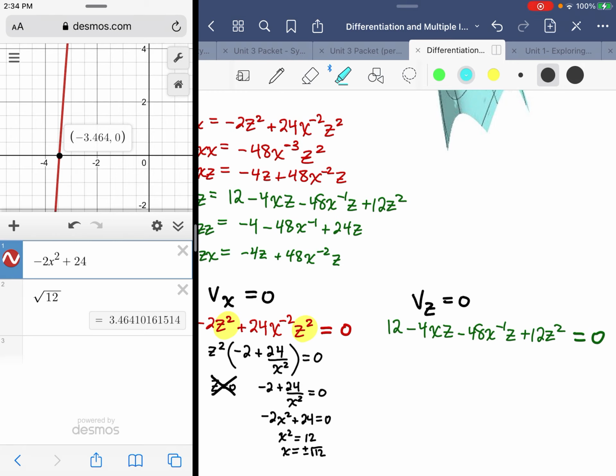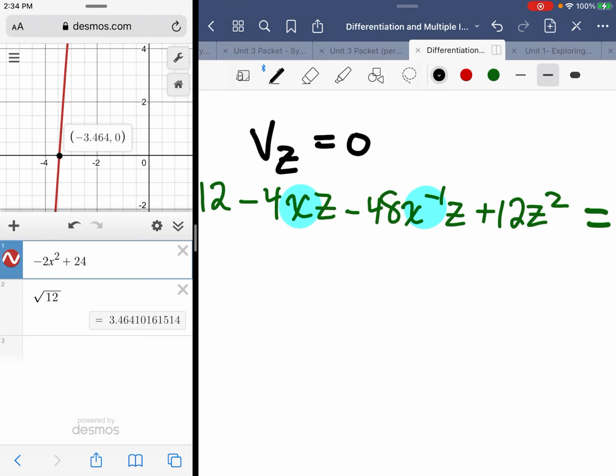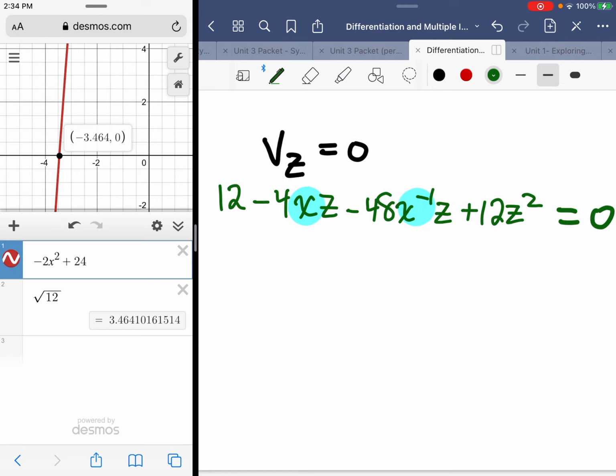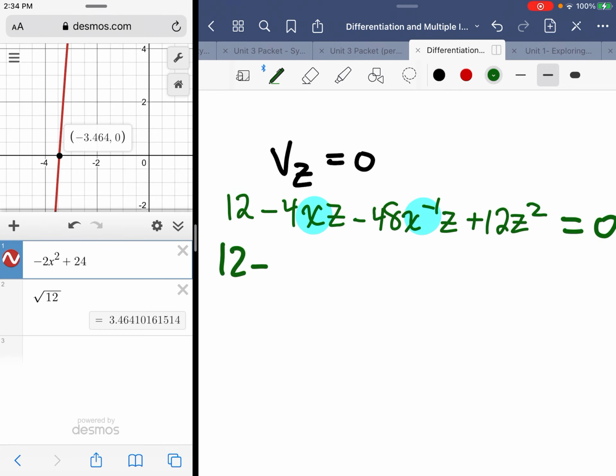So what I'll do now is I'll replace all the x's with plus or minus radical 12. We'll try to do it all in one shot at first, but then we'll definitely have to split it off and work it out from there. So 12 minus 4 times plus or minus root 12 z minus 48.